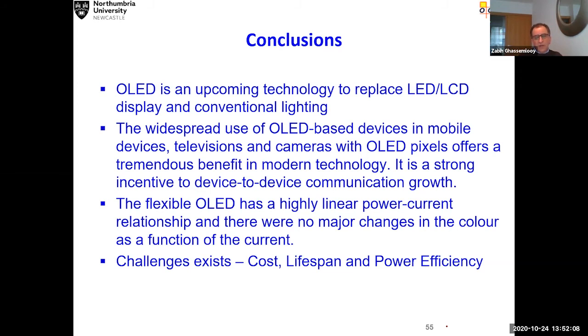Of course, we need our material and device people to push their devices to their limit to have faster and faster rise and fall times, so we can achieve even 1 gigabit per second, and that will be the ultimate goal. Compared to standard LEDs, these OLEDs are linear.